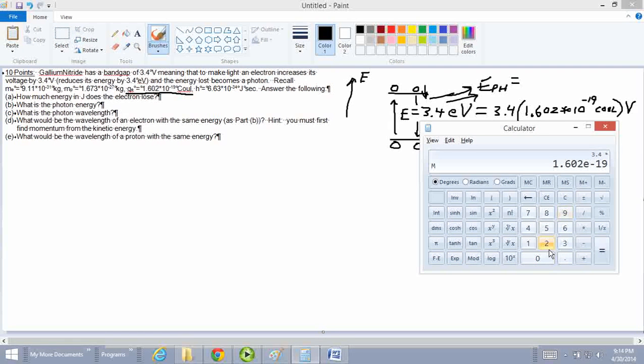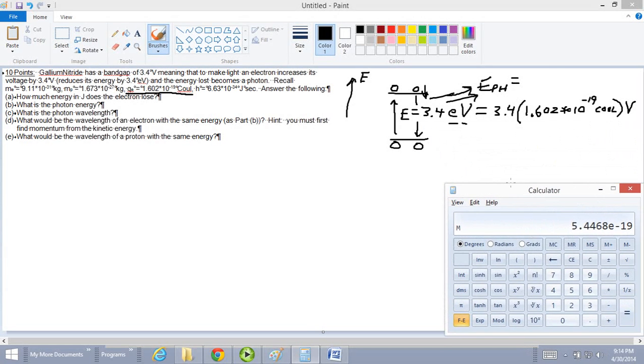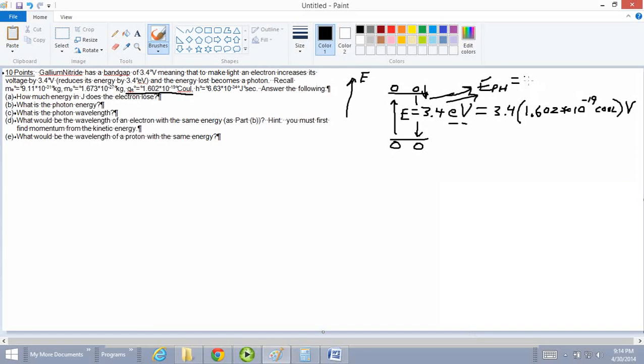So 3.4 times the electronic charge, and that's an equal sign, and a coulombs times a volt will give us 5.45, rounded to 3 sig figs, times 10 to the negative 19th joules of energy.